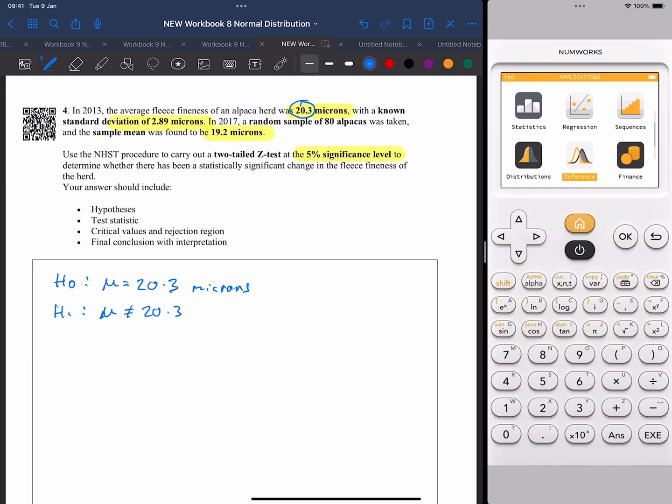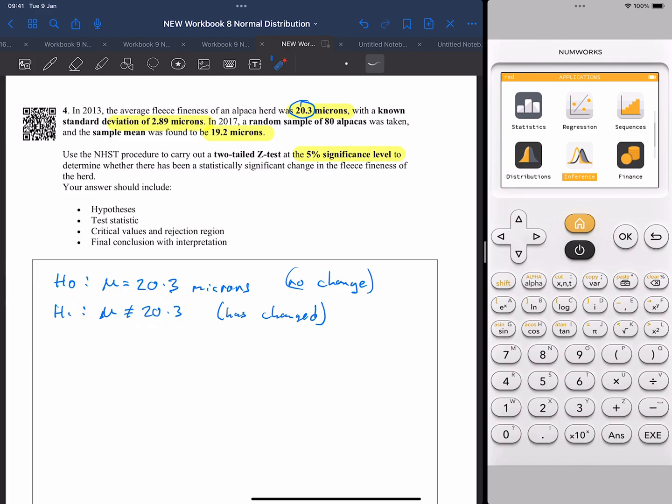The null is no change. If our answer is greater than this, it's changed. If it's less than this, it's changed. Therefore, we just say it does not equal 20.3.